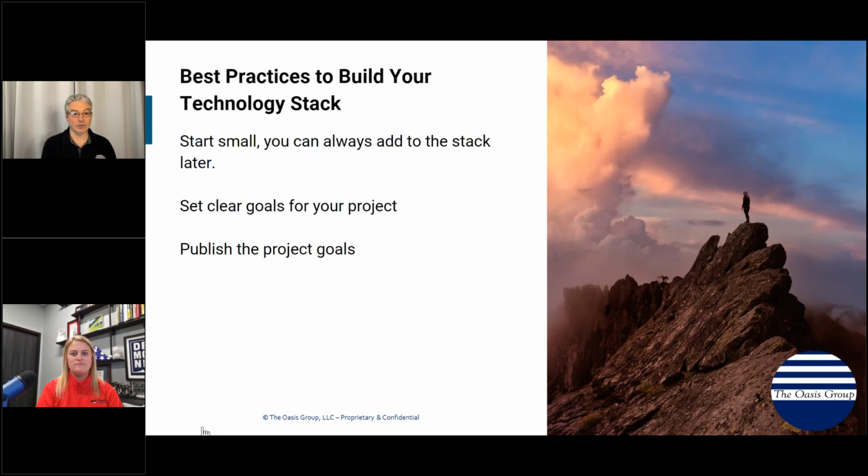You've got to have really well-defined goals for the technology transformation project or the new technology stack, and then you've got to publish them so you can stick to them. Because a lot of times without that written down, of what we really want to accomplish with this project, you can watch the scope of that project creep larger and larger and larger to the point where either A, it'll be one of those large engagements that we all hear about that is unsuccessful, or B, it's the never-ending project, right?